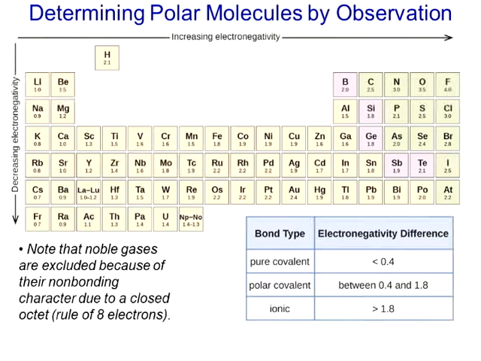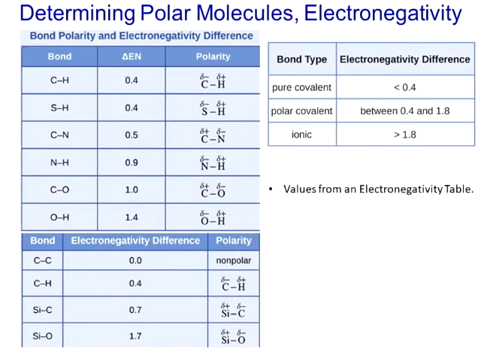In cases where you have more than two atoms, then we have to work through one other step to determine its polarity. But in simple diatomic molecules, again, those that have two atoms, the polarity of the bond is what indicates the polarity of the molecule.